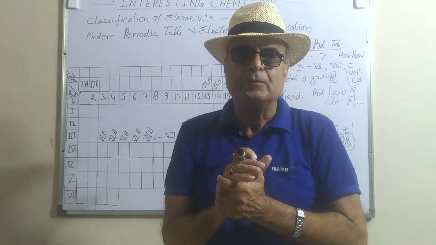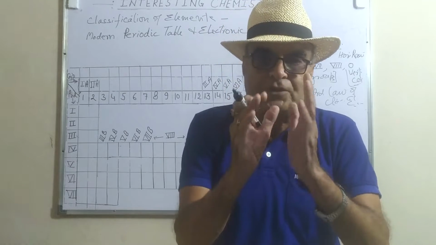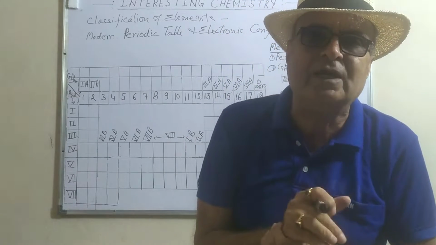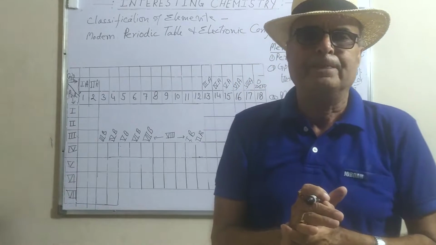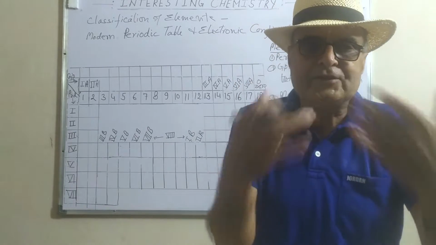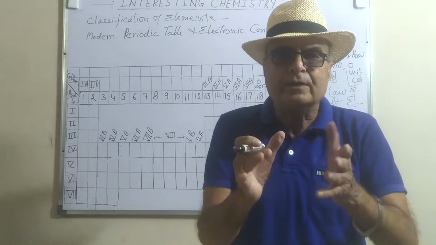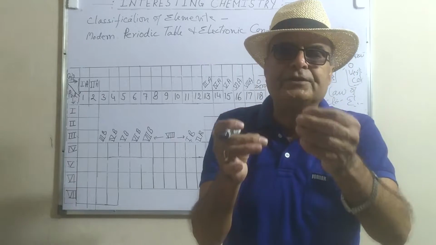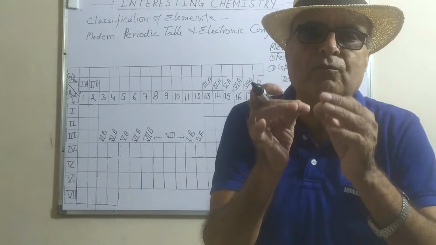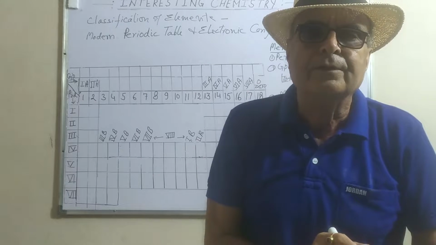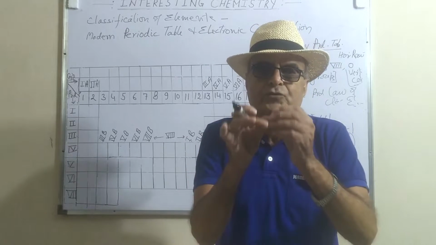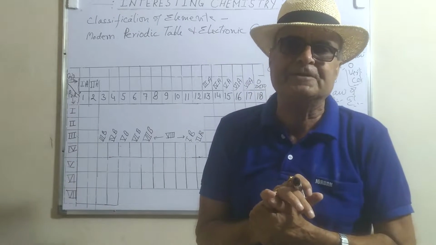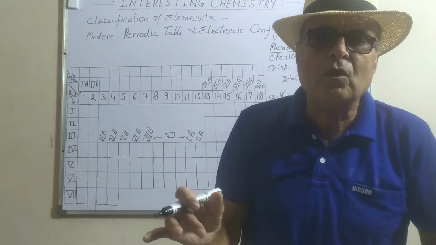But later on, one thing I want to tell you is that at the time of Mendeleev, scientists were unaware of the internal structure of the atom. Rutherford's bombardment experiment had not been conducted.